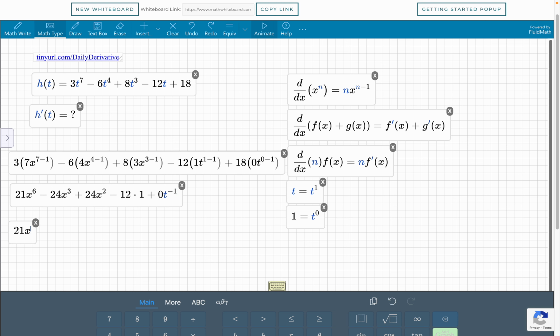Let's simplify one more time. You can keep most of them, but these last two terms are a little tricky. Negative 12 times 1 is negative 12. 0 times t to the negative 1 is just 0. There you go.